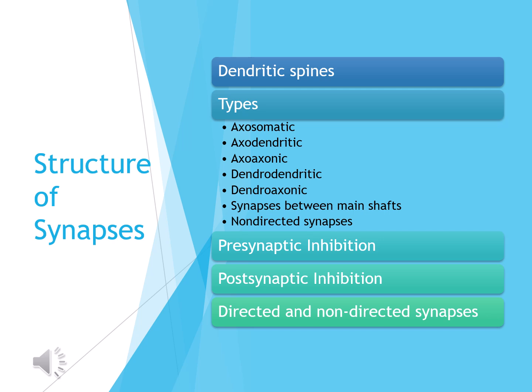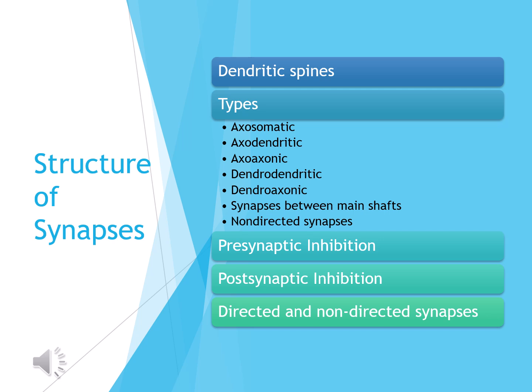These are synapses between the main shafts of axons, and then we have the non-directed synapses. Some of the dendritic synapses can transmit in either direction. The axoaxonic synapses mediate presynaptic inhibition, while postsynaptic inhibition is mediated by the axodendritic and the axosomatic synapses.